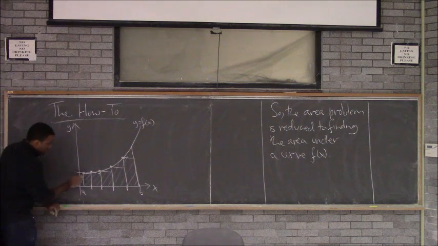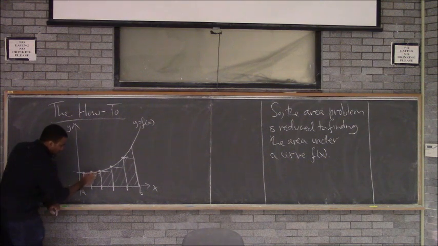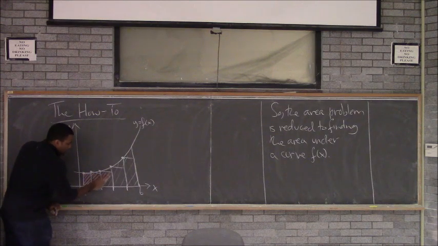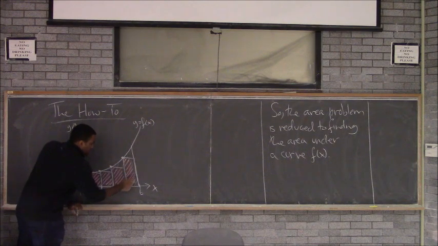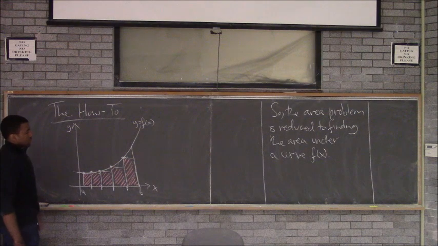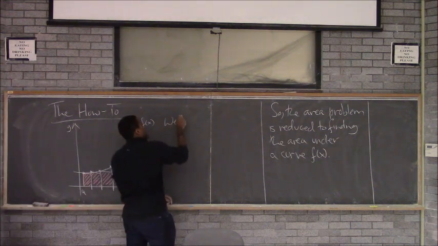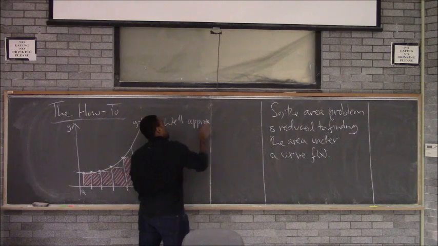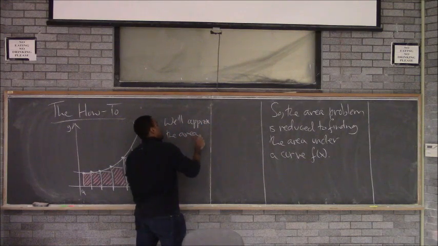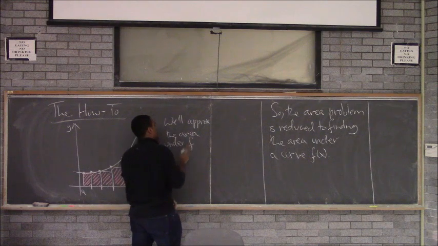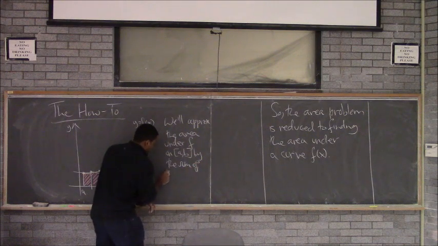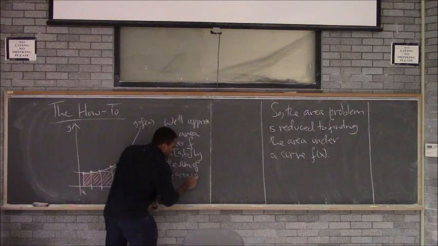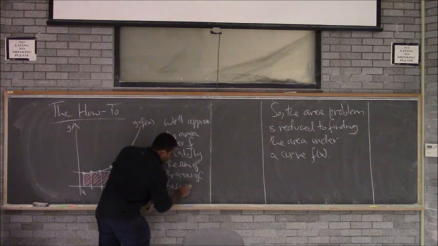So now what you'll notice is that I have these rectangles to talk about. So we'll approximate the area under f on AB by the sum of the areas of these rectangles.